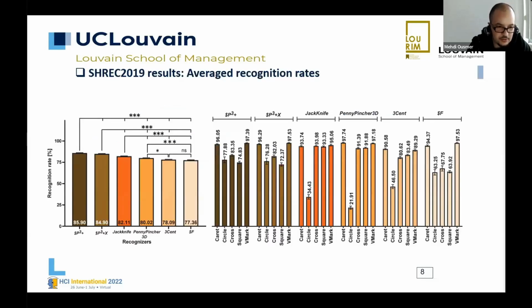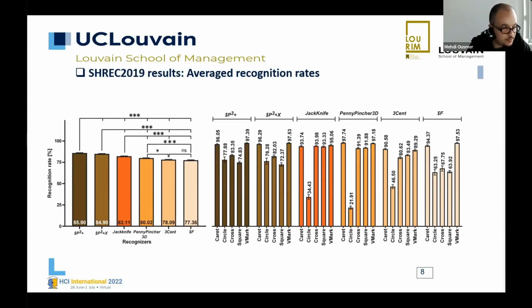In the next slides, I will show you some graphics which represent the results from the evaluation of the recognizers. In this slide, these bar charts show the average recognition rates for all conditions on the HCII dataset. In other words, this bar chart represents the average recognition rates for all the tests.